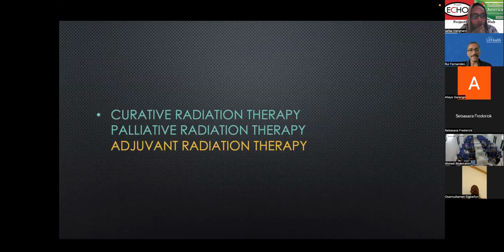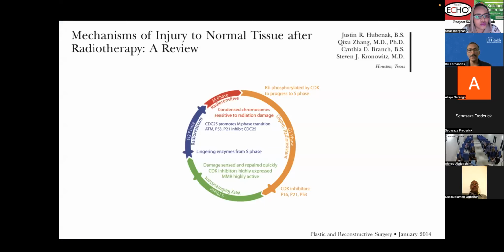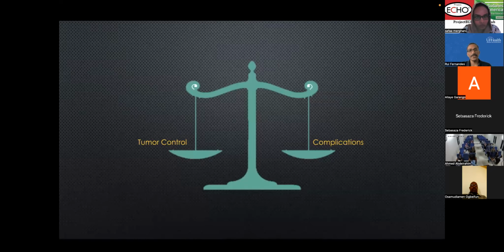The types of radiation, again, we know that based on the replication of those cells, they're going to be more susceptible to radiation or not. And then there's always the continued balance between tumor control and complication, and we know that that's directly related to the dosage.